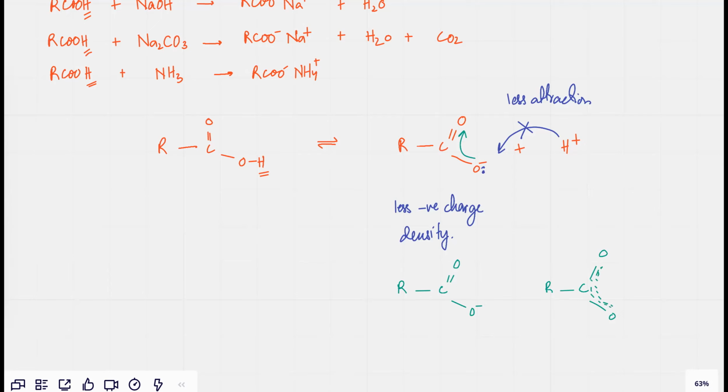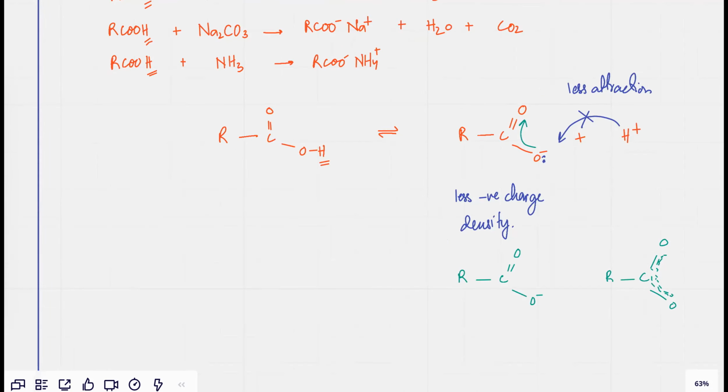So the electrons are distributed in both places. And the H+ would therefore not be attracted very strongly to this oxygen, because the negative charge is not concentrated on this oxygen or on that oxygen or at any particular point. So there's going to be lesser attraction. Okay, is this point clear? Yes, sir.